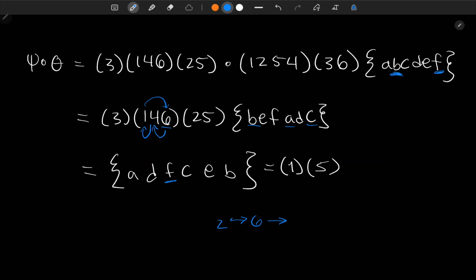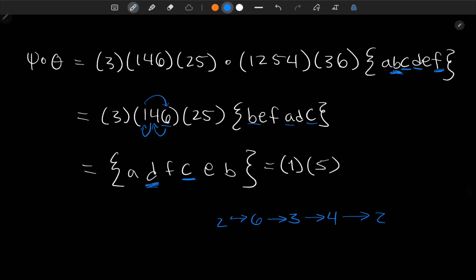So 6 maps to 3. And then the 3rd element here, which is C, gets mapped to the 4th position. So then this gets mapped to 4. And then finally, the 4th element here, which is D, gets mapped to the 2nd element here. So we go back to 2, and this forms the full cycle.